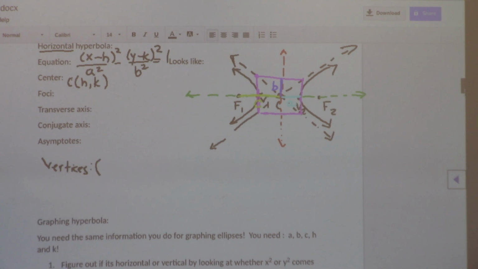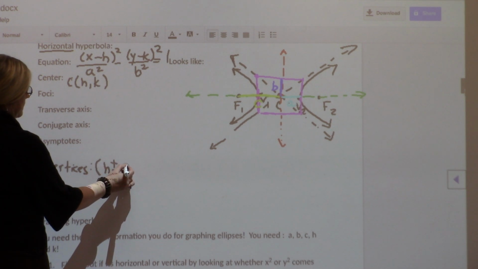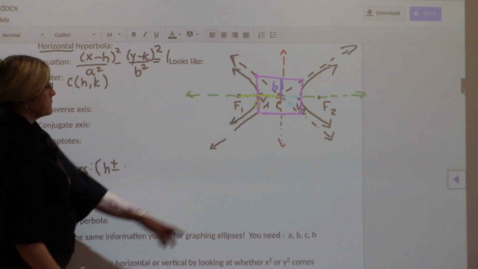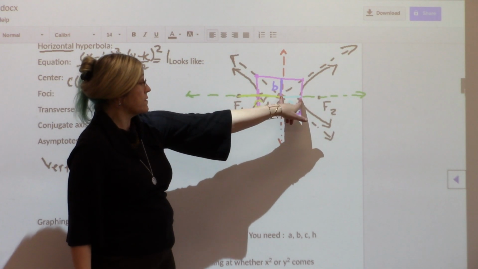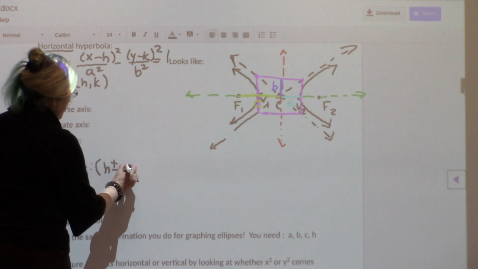The vertices are going to be, which one's going to change this time, the H or the K? Yep, the H is going to change, so these are going to be H plus or minus what? What's the relationship here, from here to here? Yeah, plus or minus A.